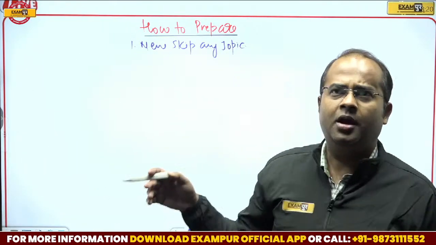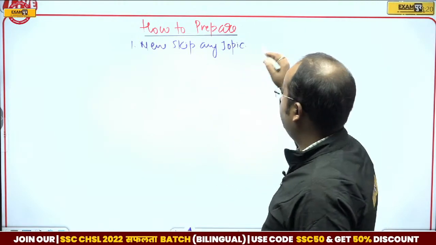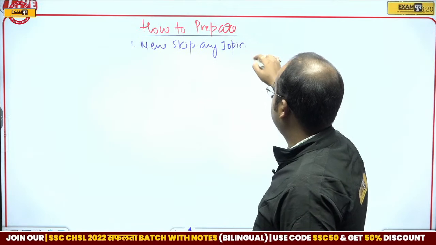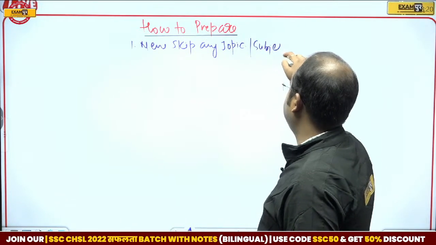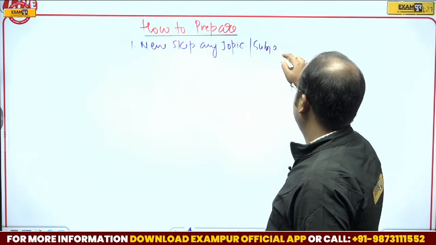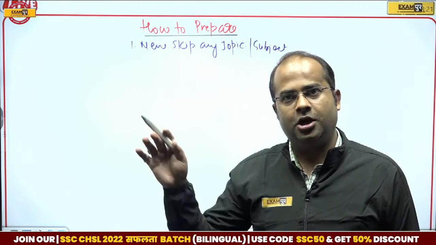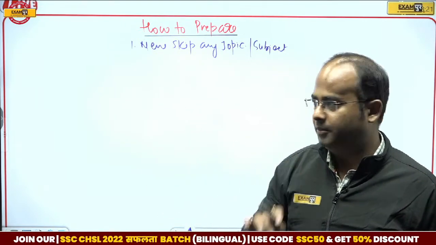Some think that from geography very few marks will come, or that economics is a very typical subject, so do not read it. But do not skip any topic or subject. It may prove fatal for you, because if the number of questions increases, you will land in big trouble.